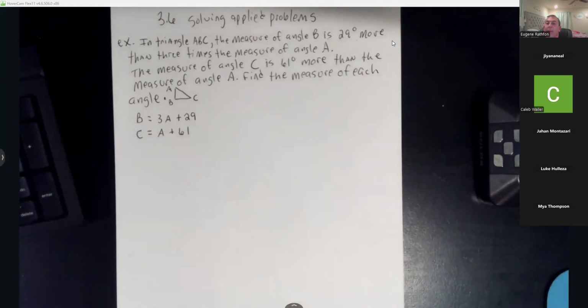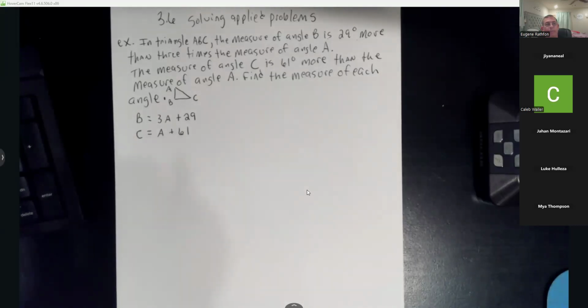All right, so I'm going to bring up chat so y'all can sort of answer some of these. What I need to know is I need 3 equations if I'm going to solve this problem. So, y'all, what do y'all know about the 3 angles of this triangle? Because we need another equation.